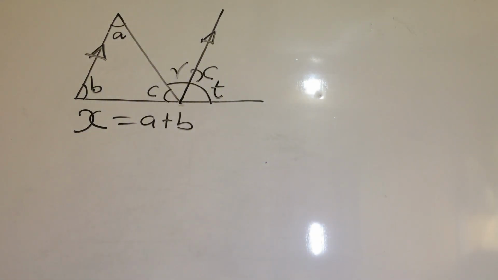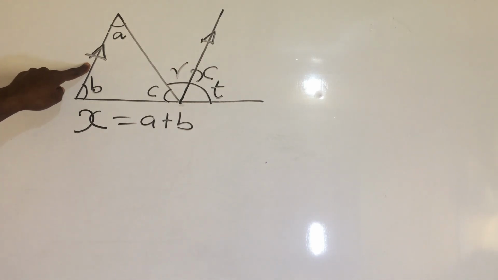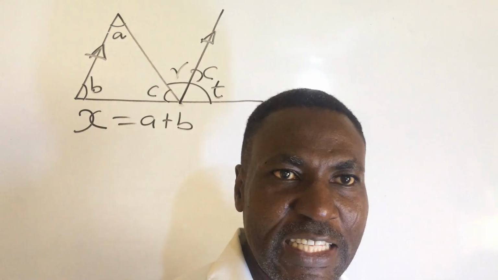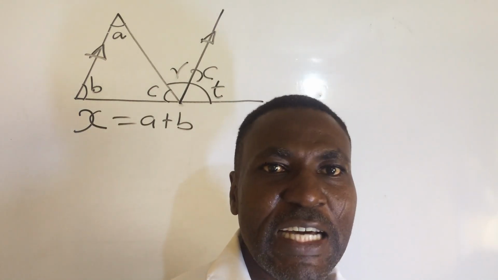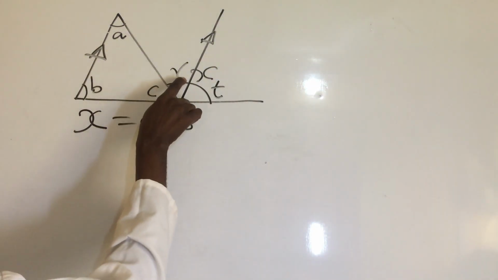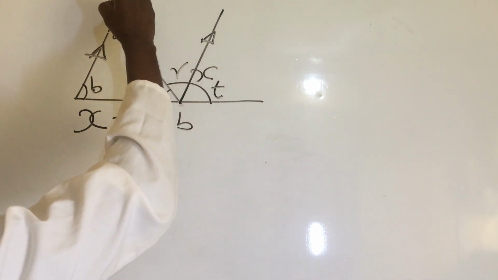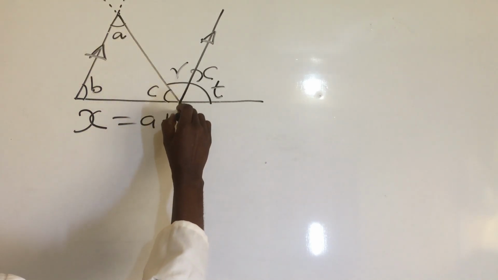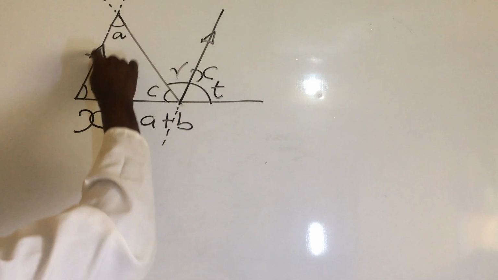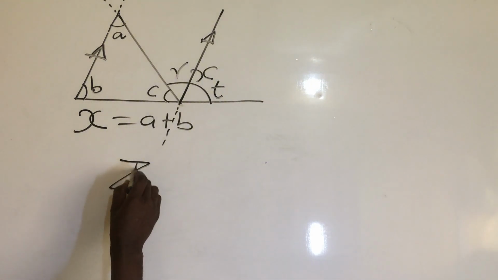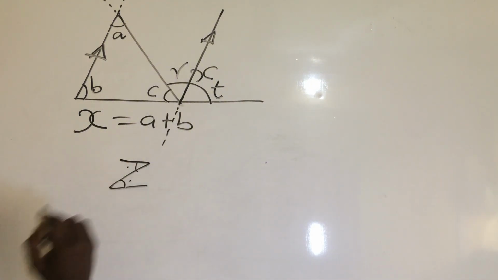Now, since this is parallel to this, we can find from alternate angles, which I treated in a video before, that this is equal to this one. Remember, if you extend this line and extend this one, you now see that this has formed a Z. I've been telling you about alternate angles: this one here is equal to this one here.